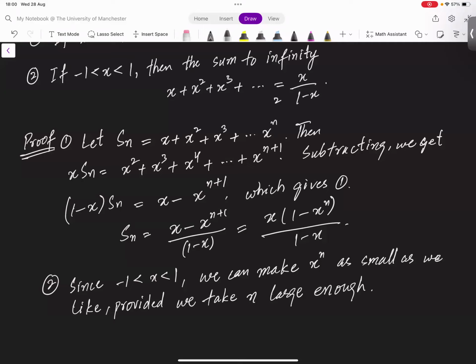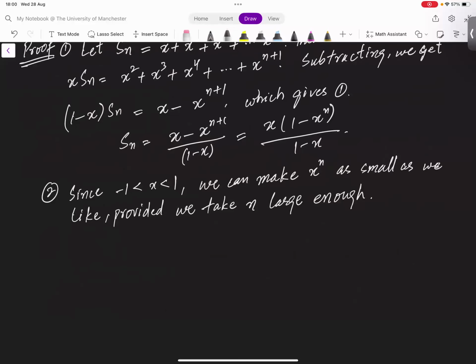So we can take the sum in part 1 as close as we like to x over 1 minus x, provided we sum enough terms. This is to say the sum to infinity is x over 1 minus x.